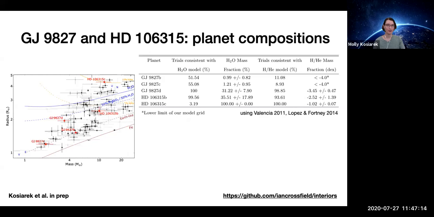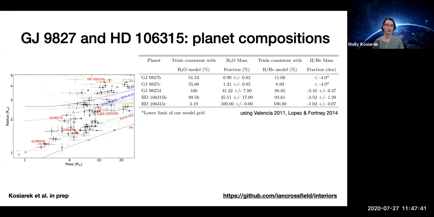So we compared the mass and radius of each planet with model grids from Valencia 2011 and Lopez and Fortney 2014. The code to do so is available on GitHub at the link at the bottom. We're focusing on 2 models. One assumes an Earth-like rocky interior with a fraction of water, and the second assumes an Earth-like rocky interior with an envelope of hydrogen and helium.